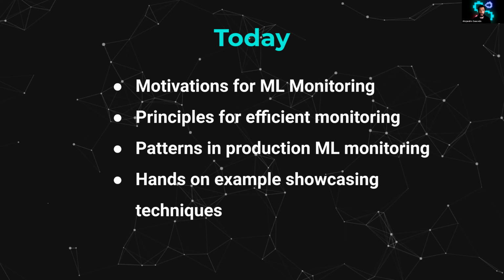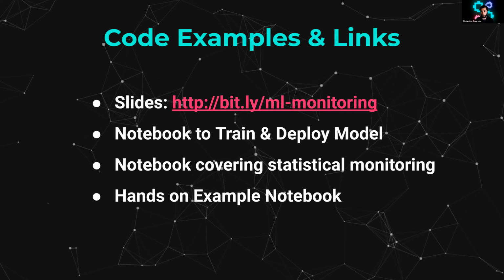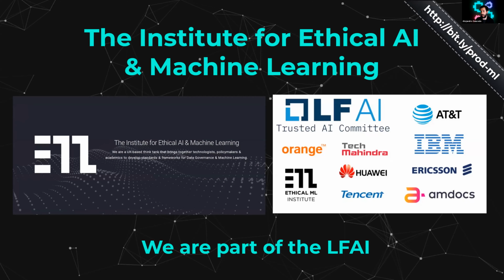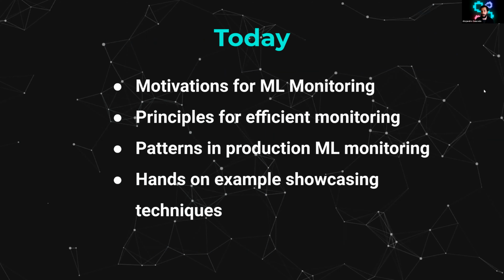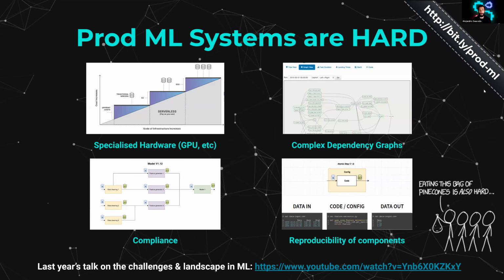It will be a very concept-heavy presentation, but as I mentioned, if you want to delve into some of the details, there is also that blog post. The examples and links are easiest to find on this link, bit.ly/prod-ml, and the code examples and everything are there. It's all centralized. So now let's dive into the motivations. Production machine learning systems are complex, right?